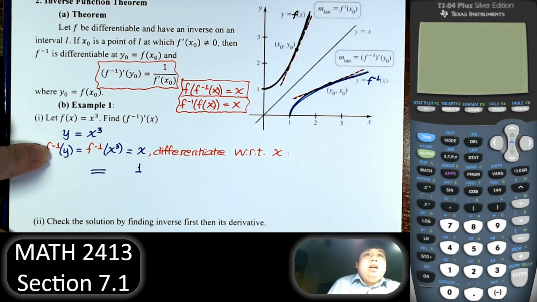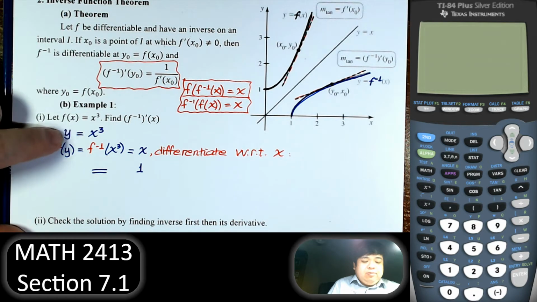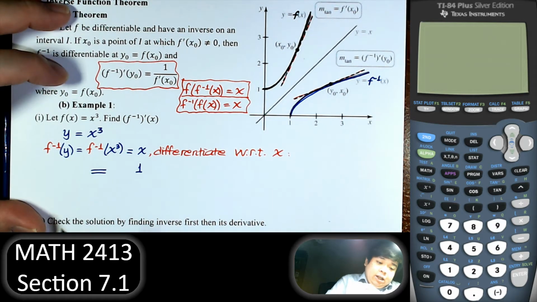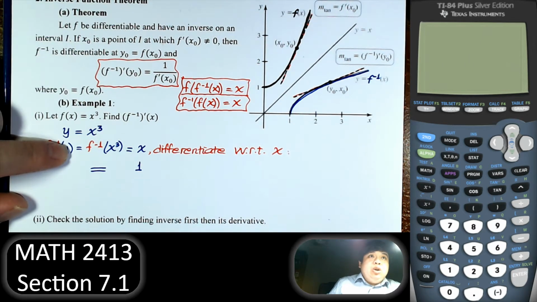The left hand side, well, y is a function of x. As we say here, y is x cubed. So here we'll use the chain rule.